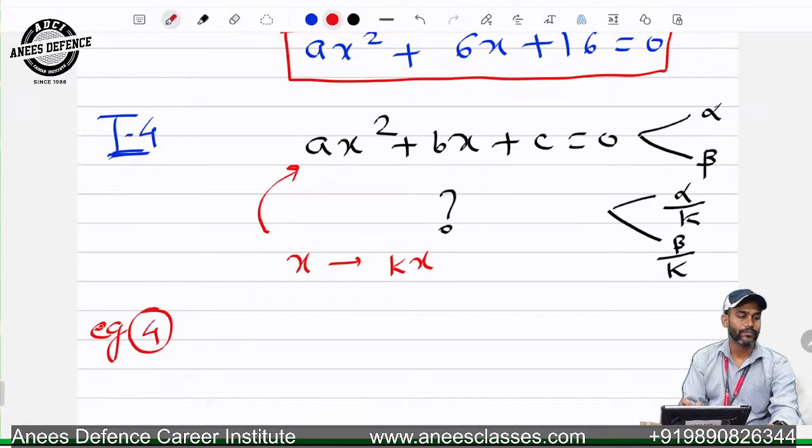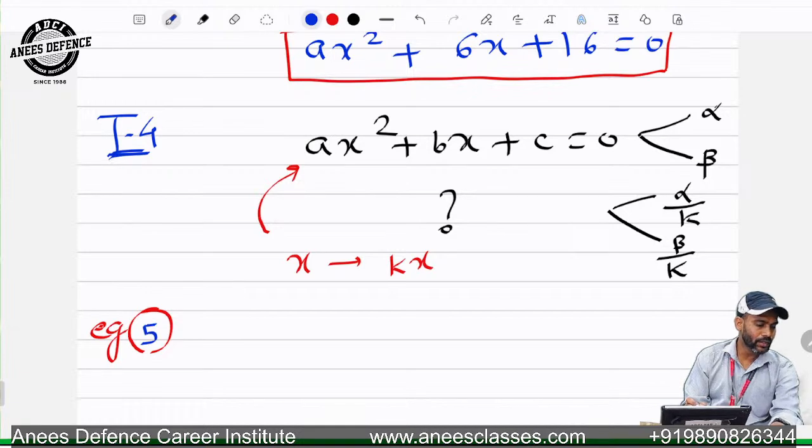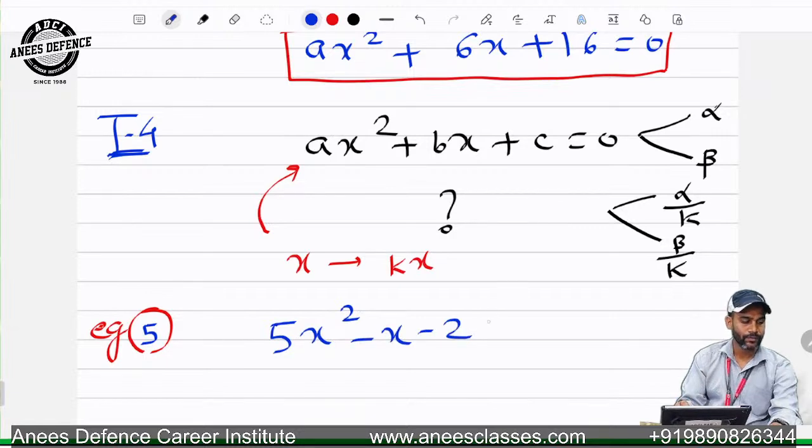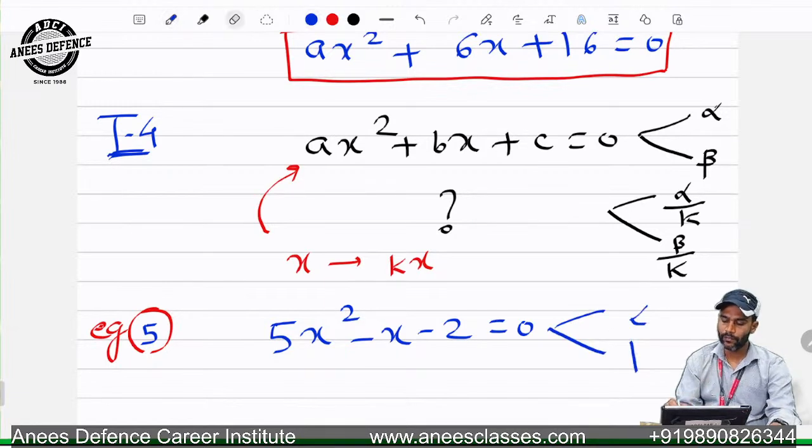Example number 5. Suppose we have equation 5x square minus x minus 2 equal to 0, and roots are alpha and beta.